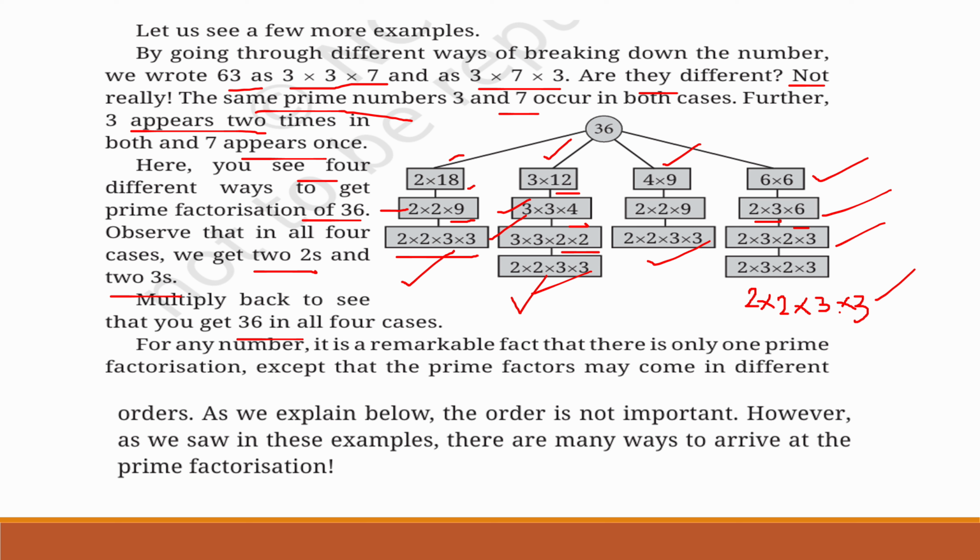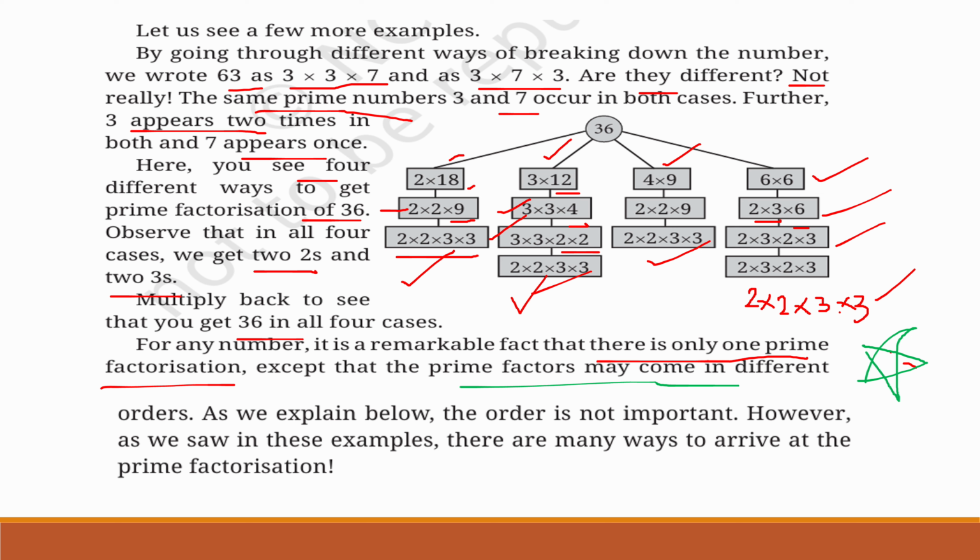For any number, it is a remarkable fact that there is only one prime factorization. So this is very important. There is only one prime factorization, except that the prime factors may come in different orders.